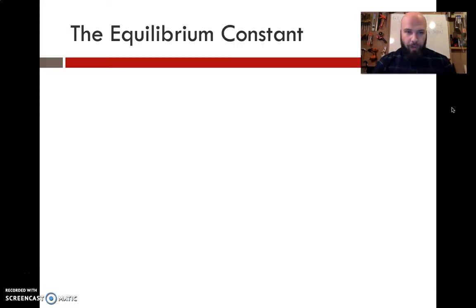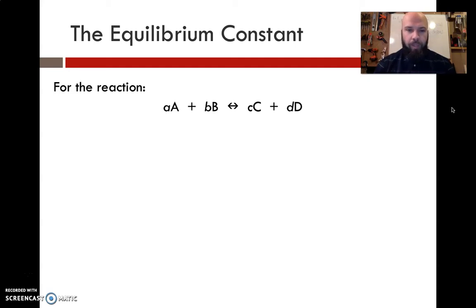So we're going to derive what is called the equilibrium constant from what we already know. Given a general equation where the lowercase letters are the coefficients in front of the species in the reaction, we're going to use this definition from our last lesson that the forward rate of the reaction is equal to the reverse rate of the reaction when the reaction is at equilibrium.